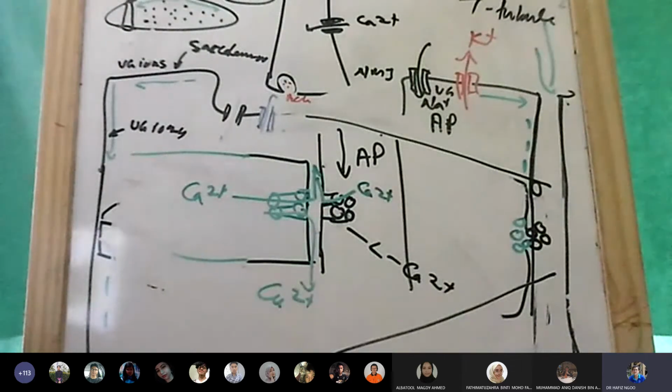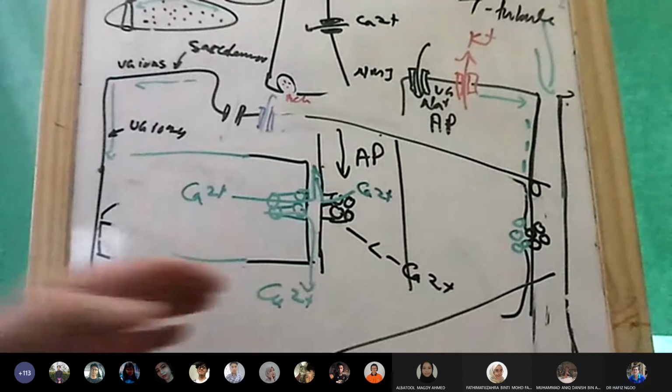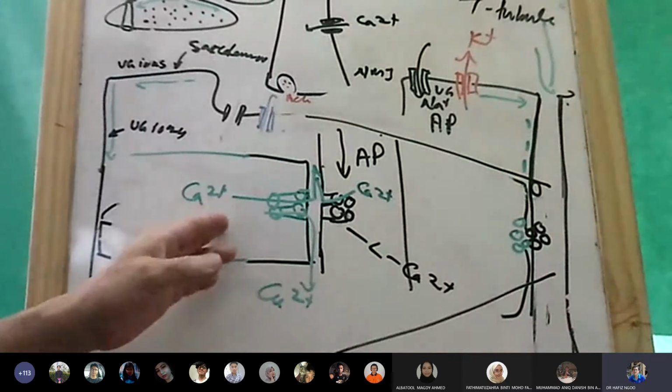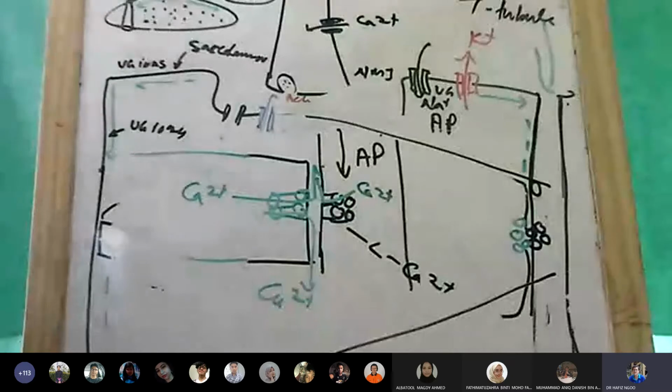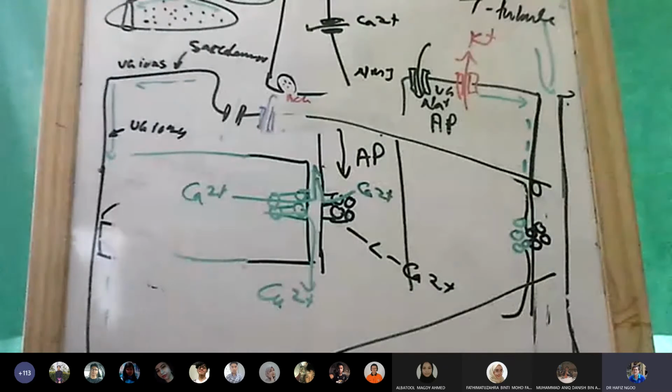We can draw that, and if you refer to Boron and Boulpaep, you can look at how this is being transmitted to increase the calcium level in the sarcoplasm of the skeletal muscle. Did I confuse you? Or you are okay?